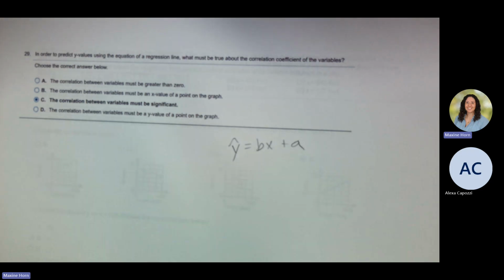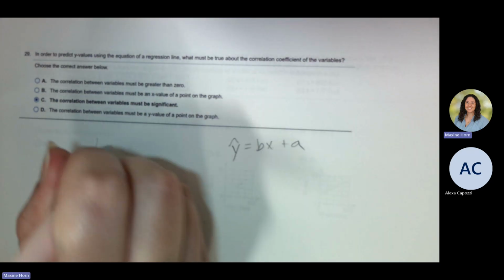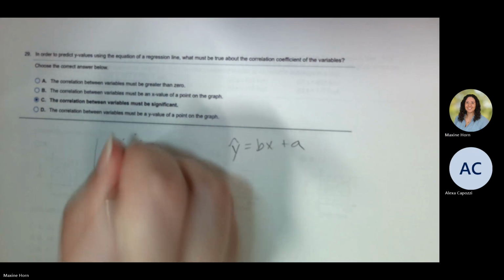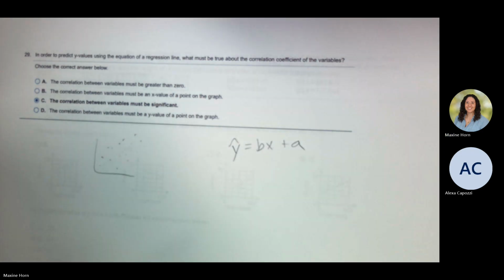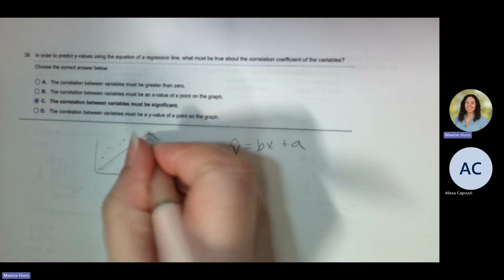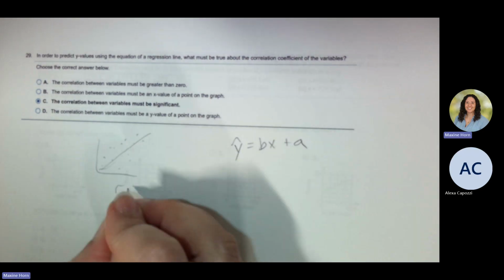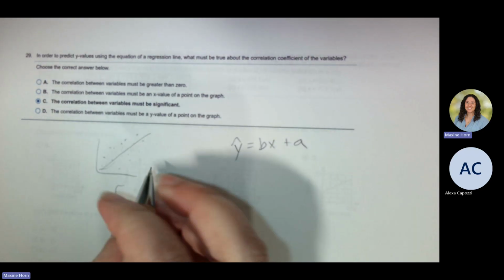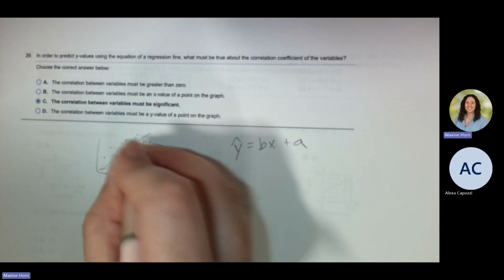Because if you have stuff that's not really got a strong correlation, I mean, I could draw a line of best fit. Oh my gosh. My lead is stuck or something. I could draw a line of best fit, but my R value is going to be, I don't know, pretty low. Like, you can't really see all those little dots, but I got dots kind of all over the place here.